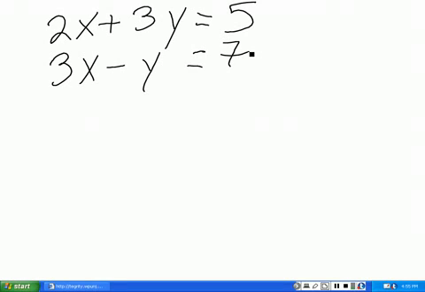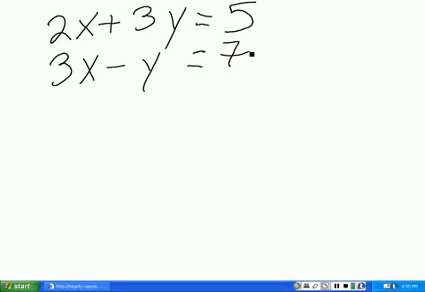You guys should know that as long as your two lines are not parallel, which would mean there are no solutions to both equations, and that they're not actually multiples of the same line, which would mean they're on top of each other and there's infinitely many solutions, then you would have exactly one solution for x and y in this sort of a situation.